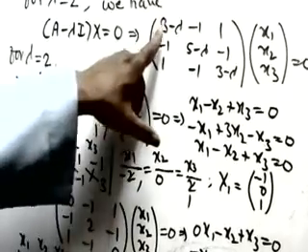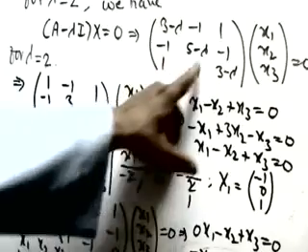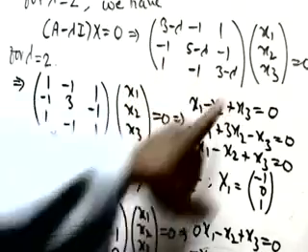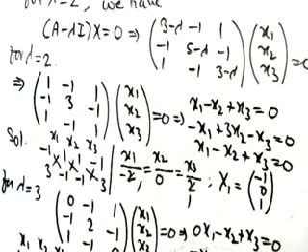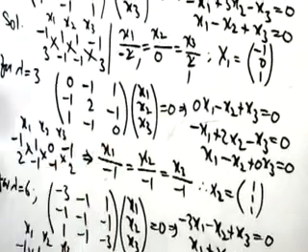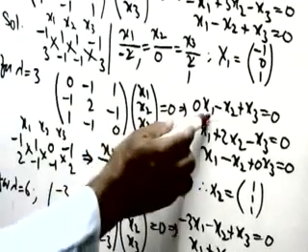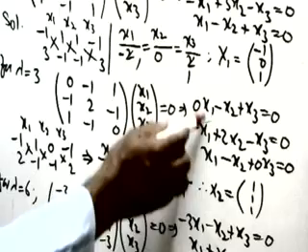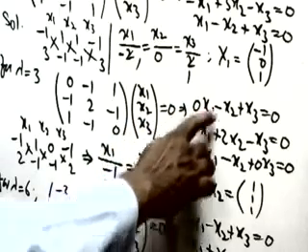Next, the case for lambda equals 3. If we keep lambda 3, 3 minus 3 is 0, 5 minus 3 is 2, 3 minus 3 is 0. Again you multiply row into column, and we get 3 equations.